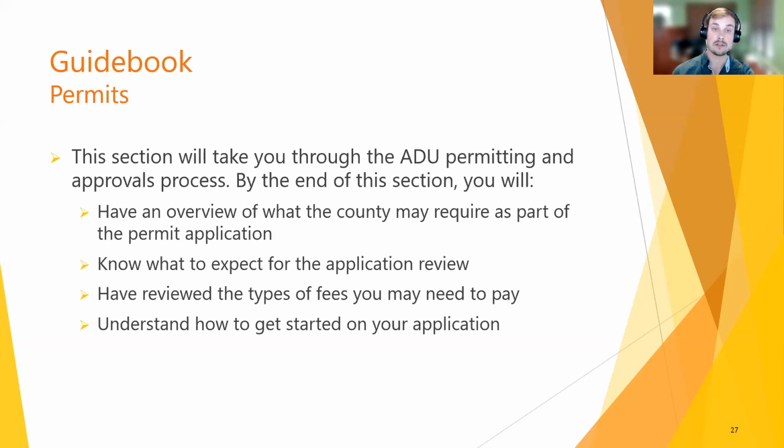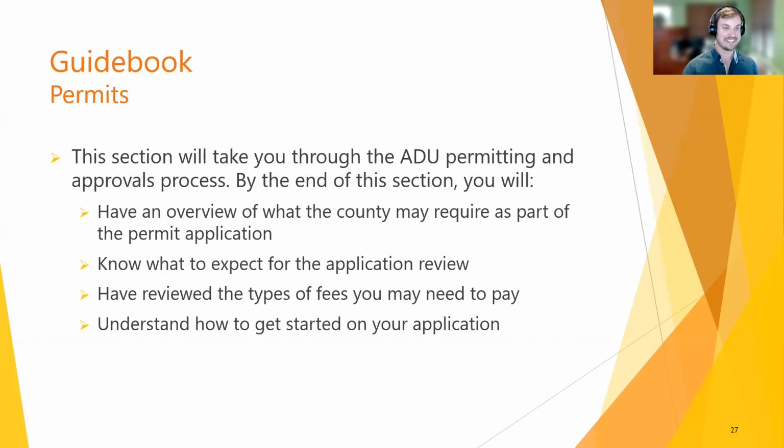There are some special site-specific factors, and I'll cover a couple of them. But many ADUs are just going to be a process of making sure that you've got the right zoning, making sure you've got the space on your parcel and you can meet your setbacks, and then getting a building permit and going through the building permit process.